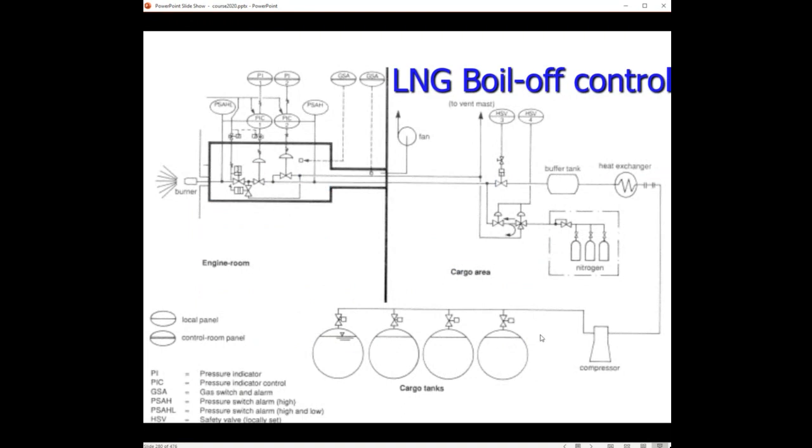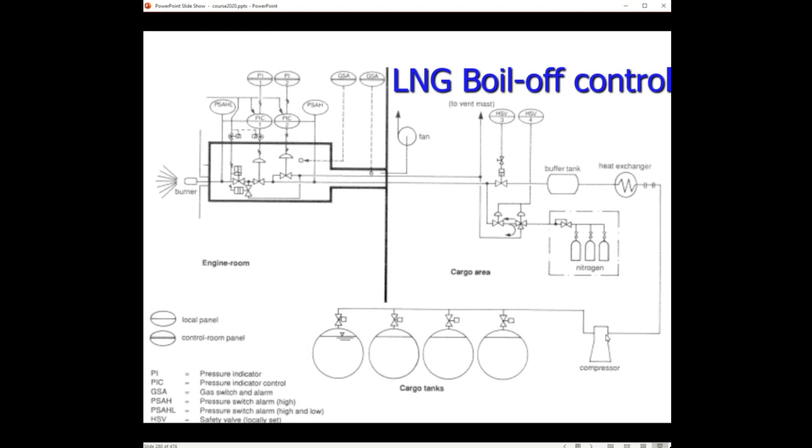Good. LNG boil-off control. So we have here at the bottom our cargo tanks. In this case, they are loaded, so they are producing a certain amount of boil-off, which is linearly related to the thickness of the insulation. This boil-off is taken by the low-duty compressor, which is situated on deck in the machinery room.